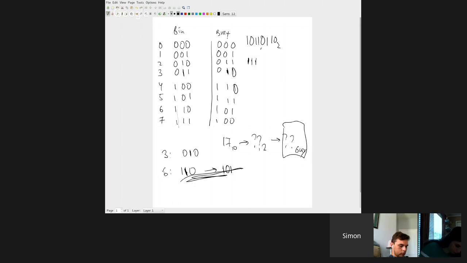This 1 was preceded by 1. It has to be inverted. This 0 was preceded by 1. Has to be inverted. 1 should not be inverted. This 1 should be inverted. This 0 should be inverted. Okay? That's how you convert.